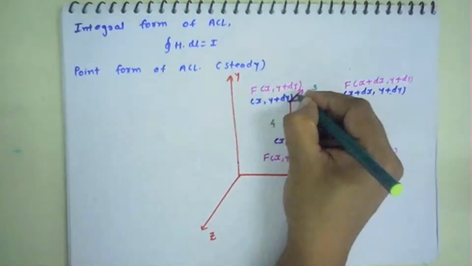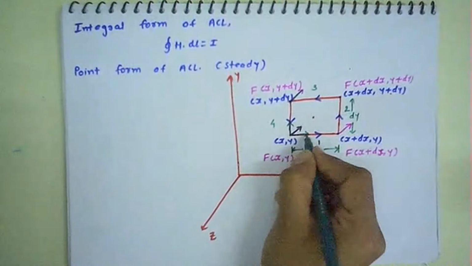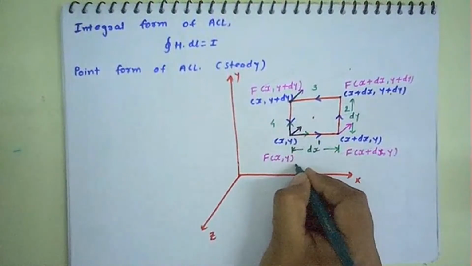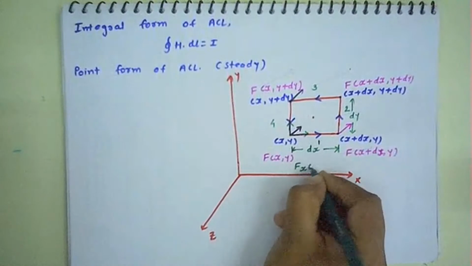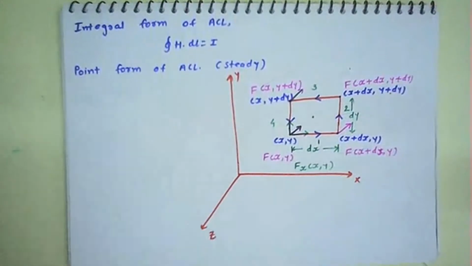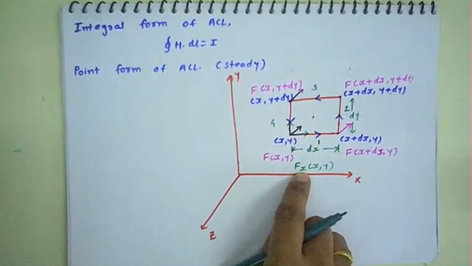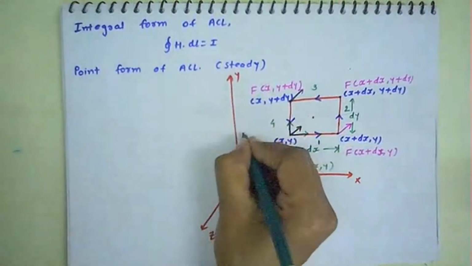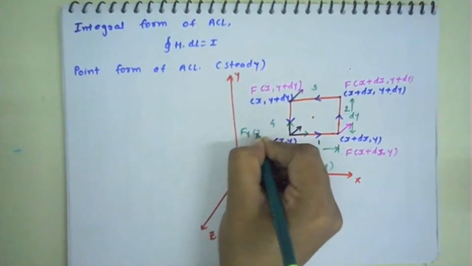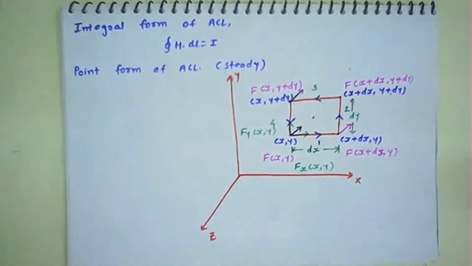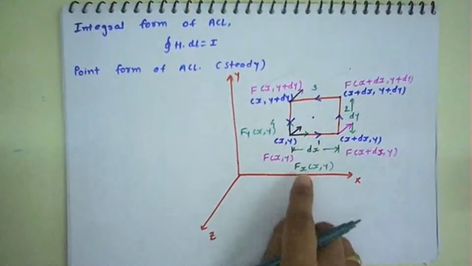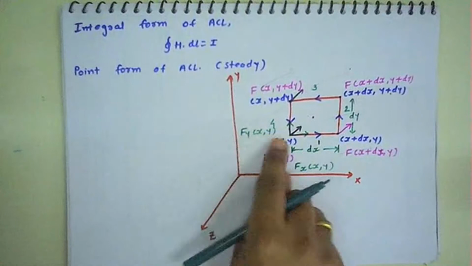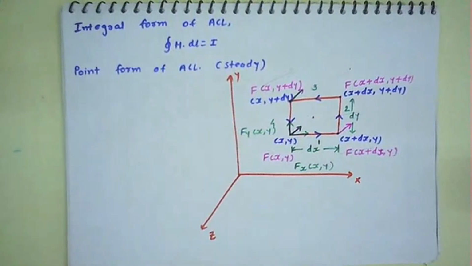So whatever field is contributing along x, I have assigned the fx component, and along y the fy component. So in segment number 1 the component would be fx(x, y), and for segment number 4 that would be fy(x, y).